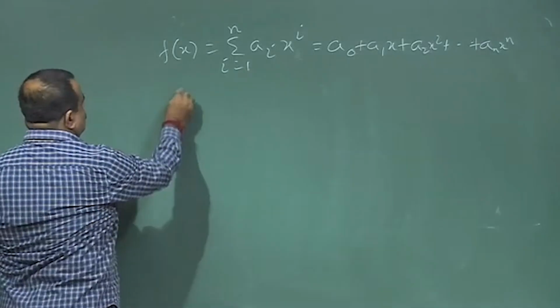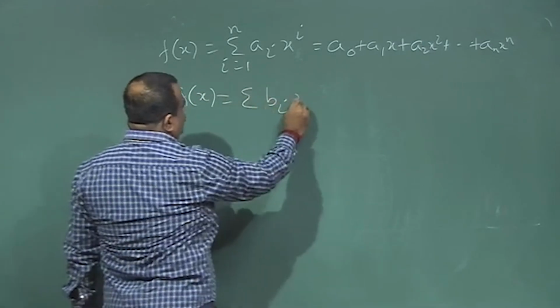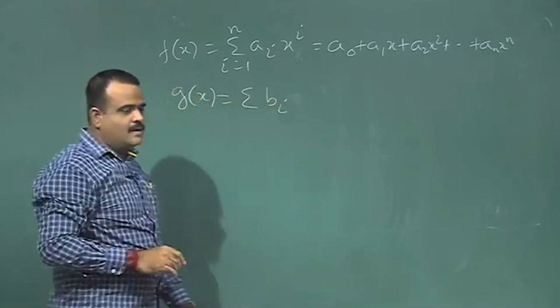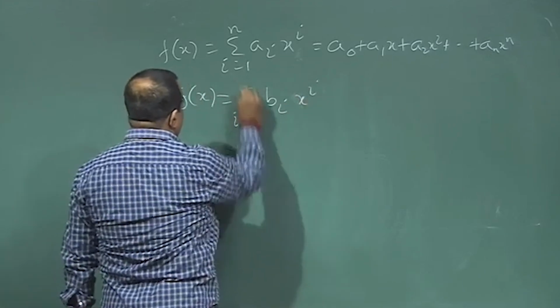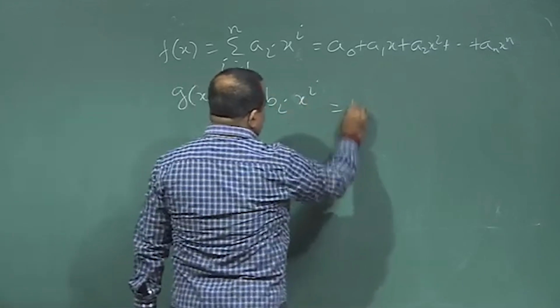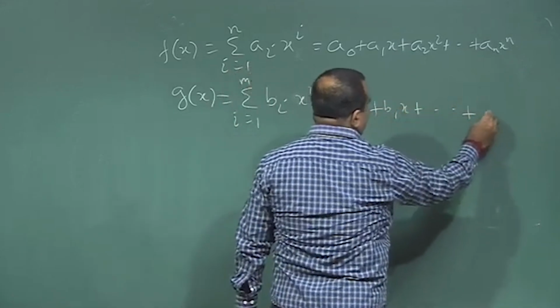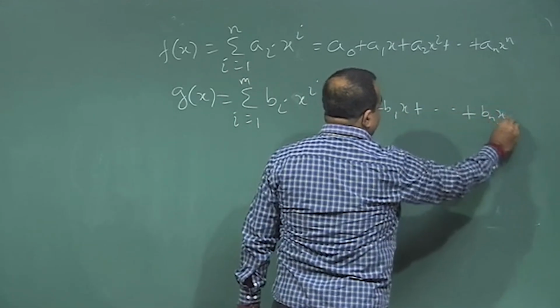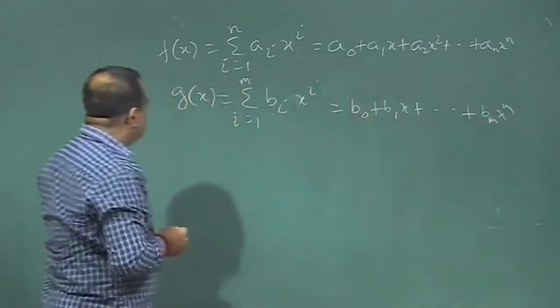Then we have another polynomial g(x), which is the summation of b_i x^i, i equal to 0 to m. So, this is b0 plus b1 x plus up to bm x to the power m. So, two different degree polynomials.